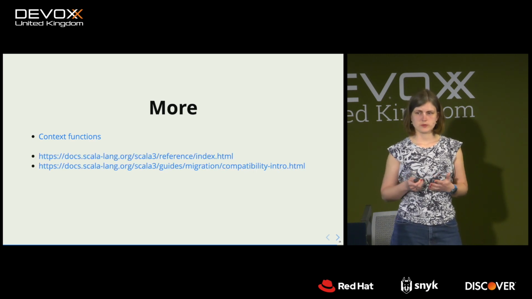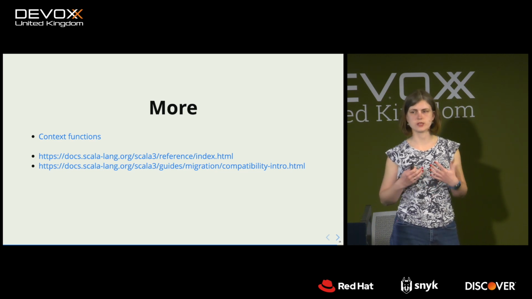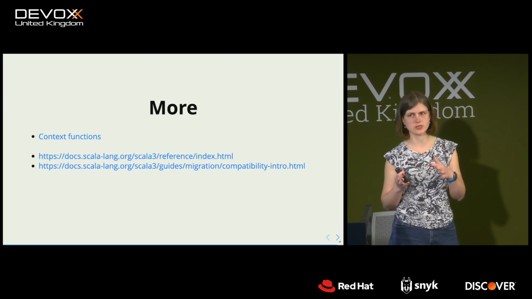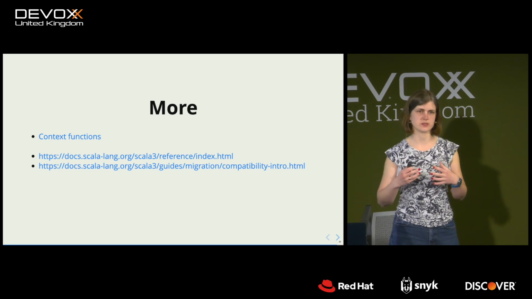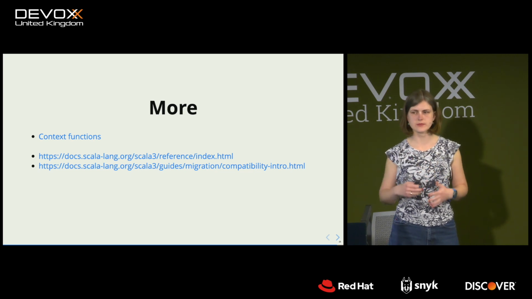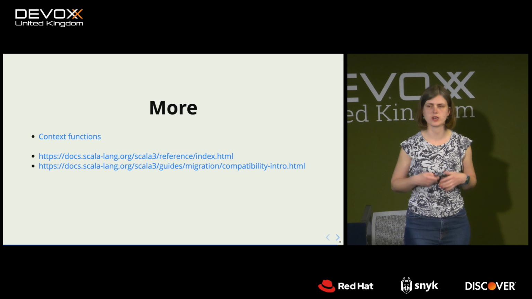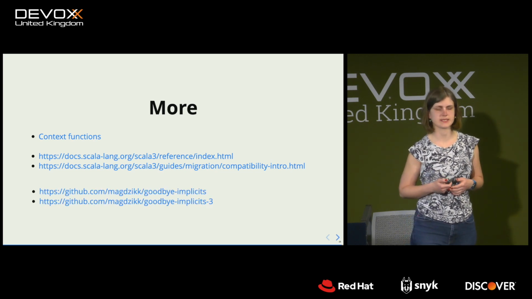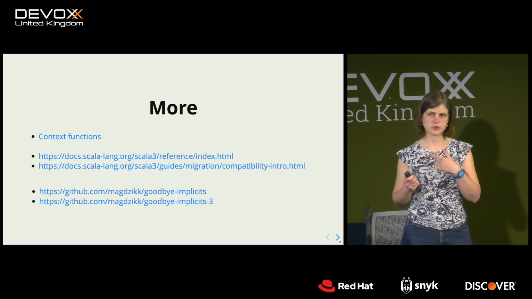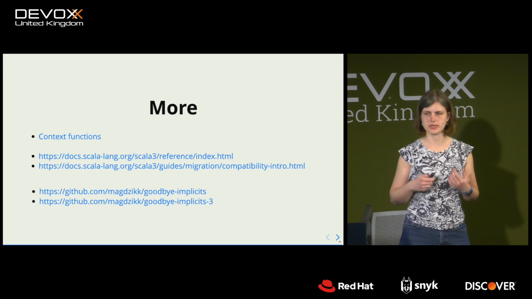Also, there's much more about Scala 3 in the Scala documentation, and when you are ready to migrate, then there are nice resources about where to start, which compiler flags to use when you are trying your steps with migration, and the steps that actually are worth following. And if you'd like to have a look at the code from this presentation, then there are 2 GitHub repositories in my GitHub, so you can download it and play around with that, see how the compiler behaves.